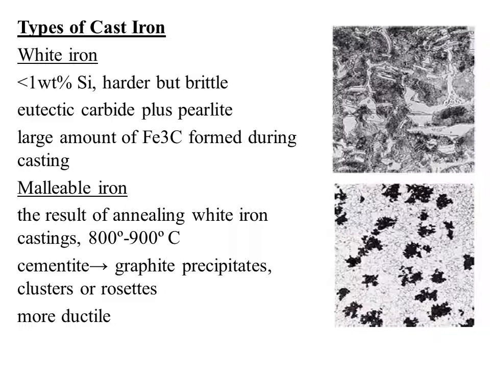Annealing is a heat treatment. When you heat it to 800 to 900 degrees, it becomes malleable iron, in the form of cementite alloy. The graphite precipitates either in the form of clusters or rosettes. They are more ductile. So you can find that white iron can be converted into malleable iron by changing the temperature.